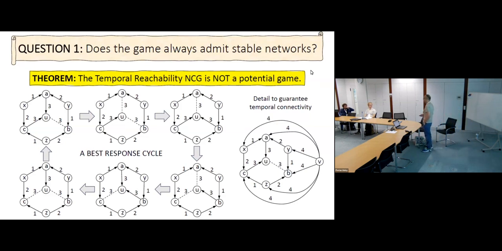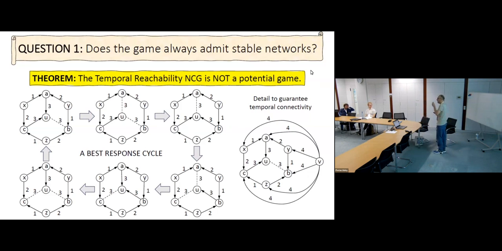We also proved that there is a cyclic sequence of improving moves for the agents that brings them back to the original unstable network we started with. This result is not such a surprising result, because this is exactly the case for most of the network creation games that have been studied. Almost all network creation games are not potential games.